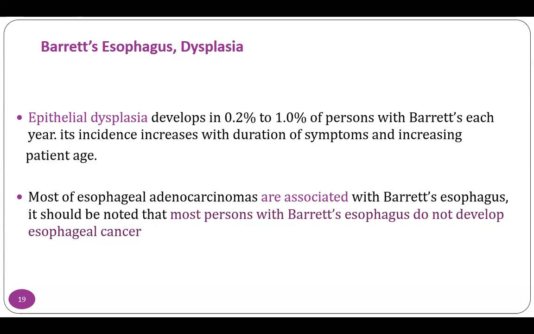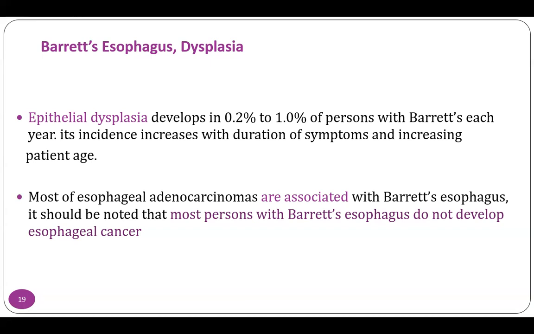So the approach to Barrett esophagus is, number one, to identify the disease first. Then to know if there is dysplasia or not. Then the third step is to follow up this patient. So identify the disease, find if there is dysplasia or not. If there is no dysplasia, the patient is fine.